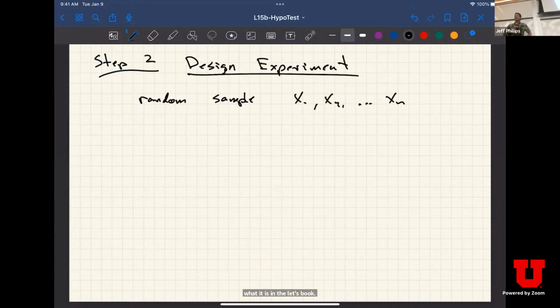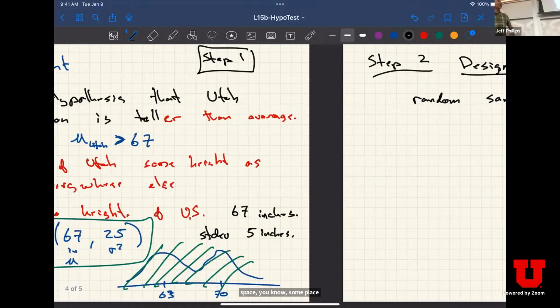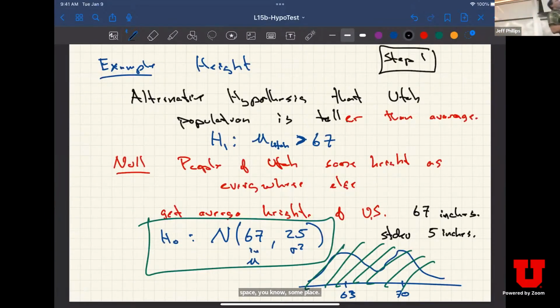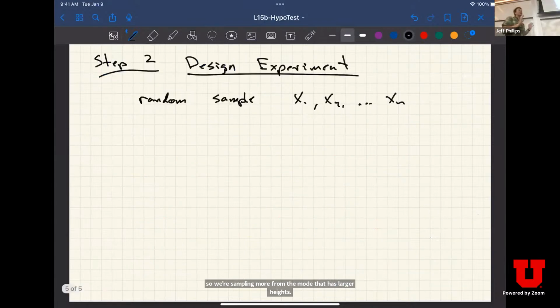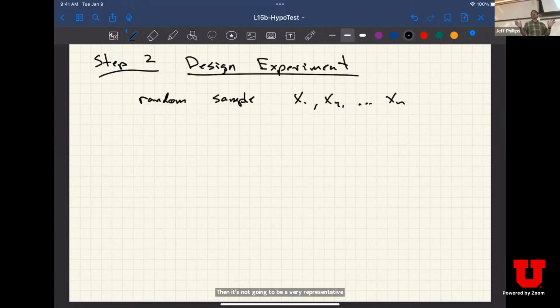We thought earlier that there's a bimodal distribution, and if we're sampling more from the mode with larger heights, it's not going to be a very representative sample. So sampling from this classroom would not be a great way of doing this problem.